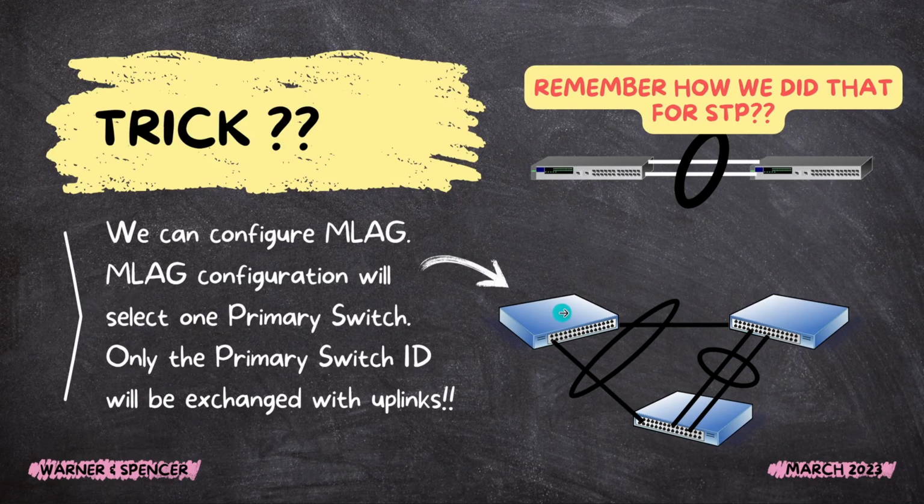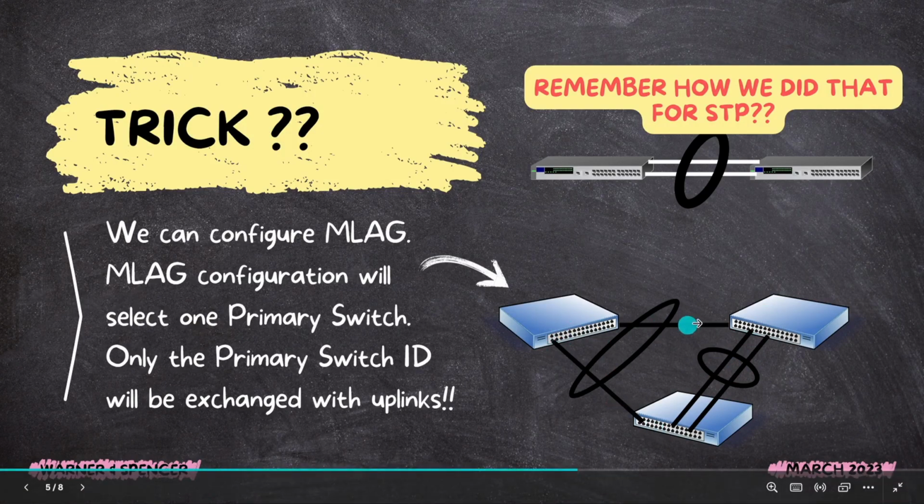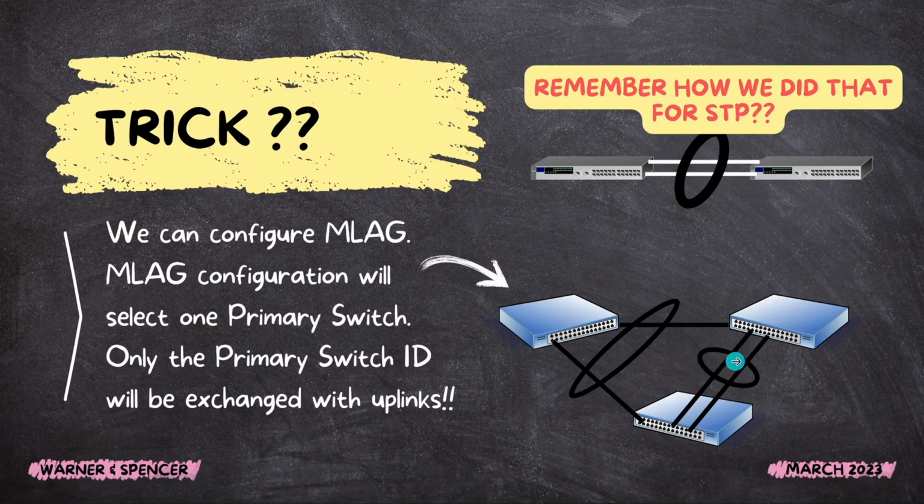And now let's say we introduce one switch and connect it to both of these switches. We'll configure MLAG on these two switches where we have configured the first port channel. I'm just telling you the steps. MLAG will choose one of these switches as the primary switch, right?